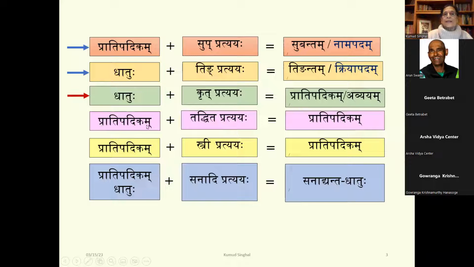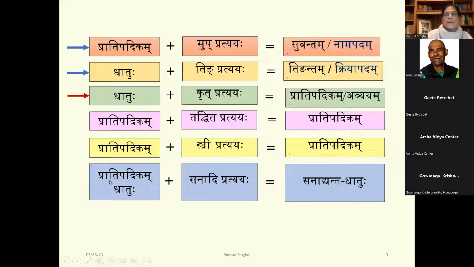To a pratipadikam, if you add a tadhita pratyaya, you get a new pratipadikam. So new pratipadikams or nominal stems are formed by adding tadhita pratyayas to a pratipadikam. And then stri pratyayas are added to a masculine pratipadikam to get the feminine forms.